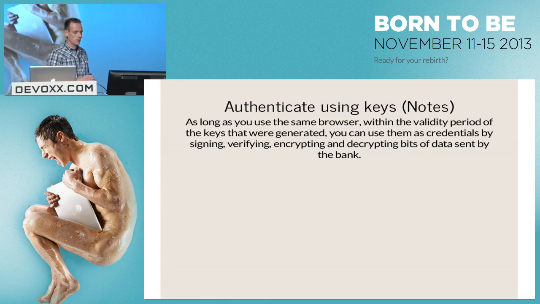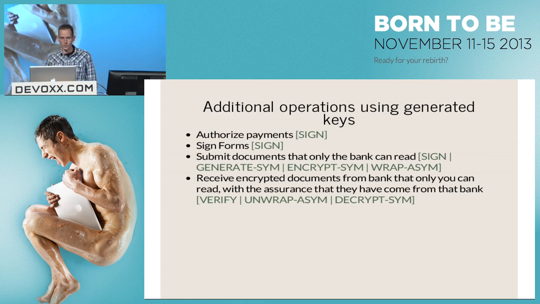So now that, as long as the keys are valid, we can use the generated keys to sign documents, verify signatures, encrypt documents, and decrypt documents. Other things that we can do is use the sign function to authorize payments, to sign forms or sign other documents.